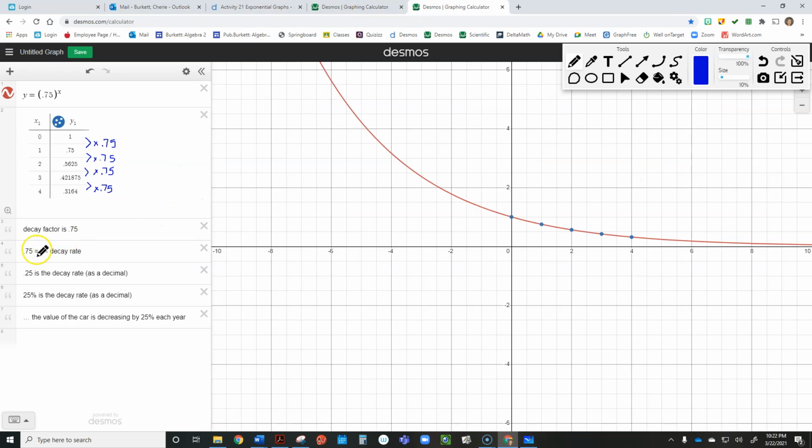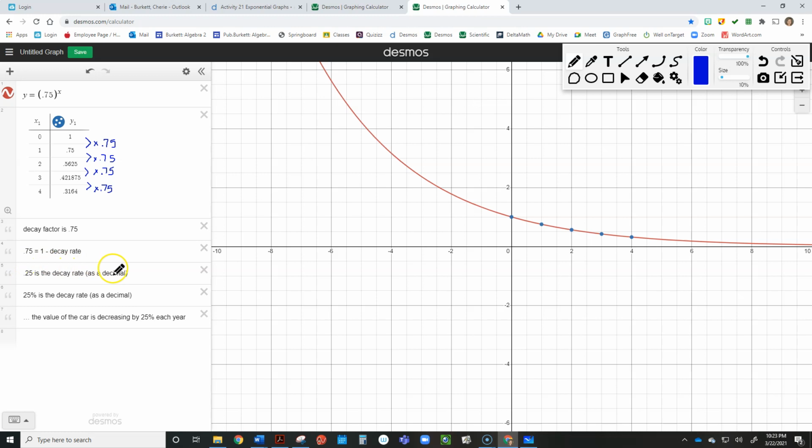So all I did was say the decay factor, 0.75, is equal to 1 minus the decay rate. You solve this for the decay rate: subtract 1 from both sides, and then divide by the negative, and you figure out that it's 0.25. It makes sense because 0.25 is what you're taking away from 1 to end up equaling 0.75.